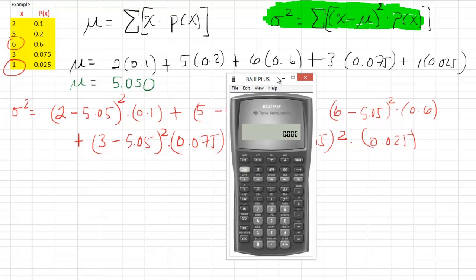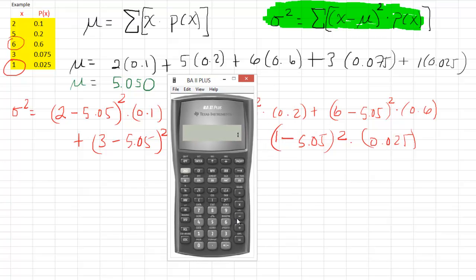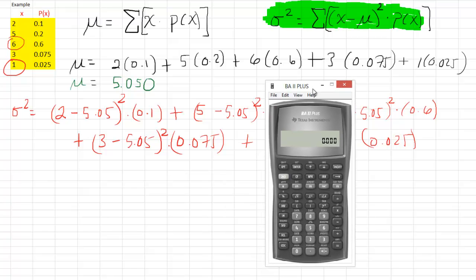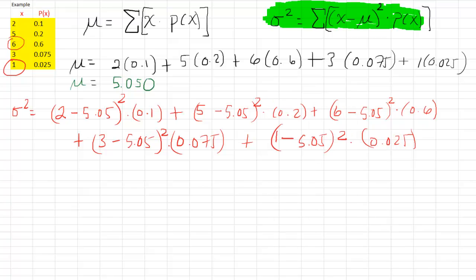And last of all, 1 minus 5.05 equals, squared, times 0.025 equals, store 5. Now we add them all. Recall 1 plus recall 2 plus recall 3 plus recall 4 plus recall 5 equals 2.198.